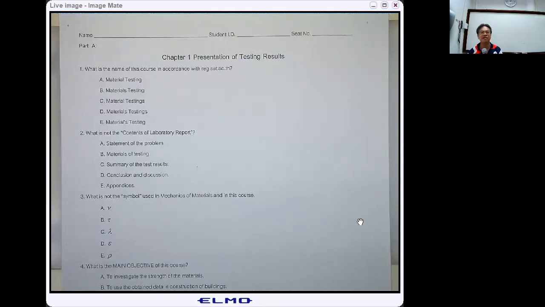I suggest you make a short note on one or two pages of A4 paper, so that when you read the question, you can look at the note and find the answer very easily. Okay, let me start.